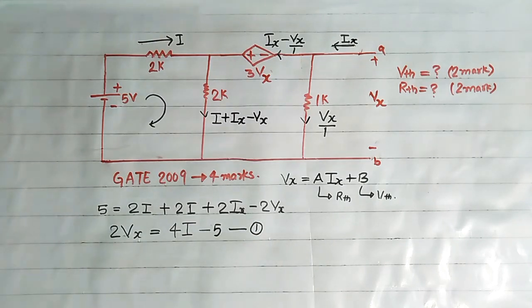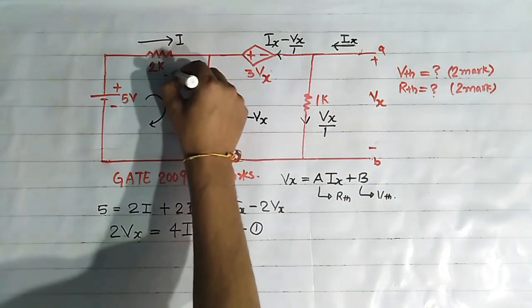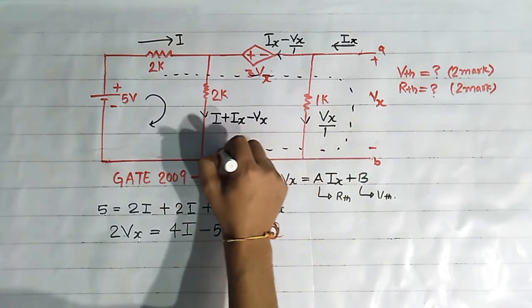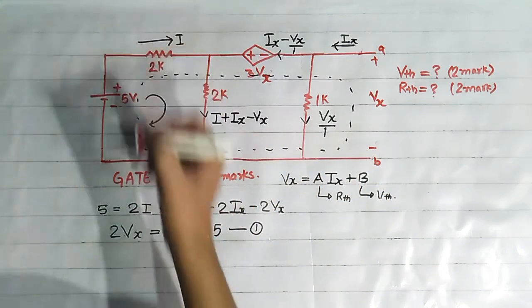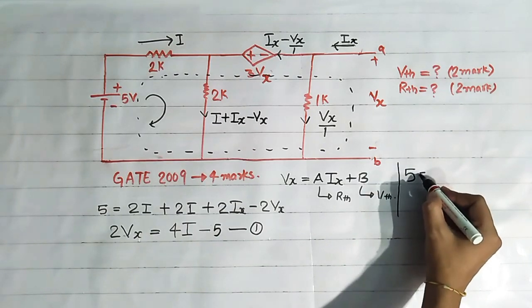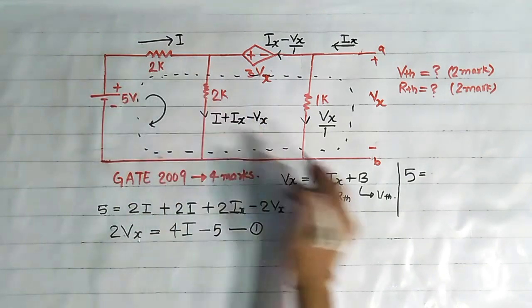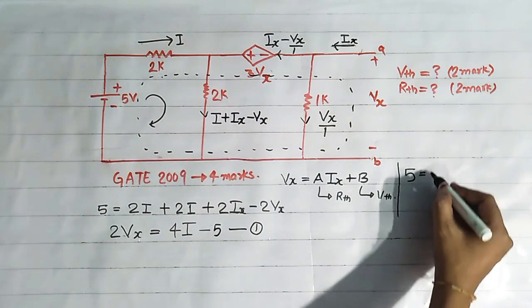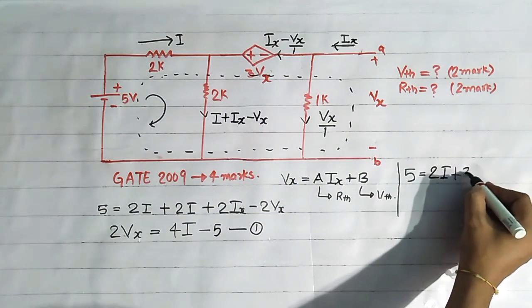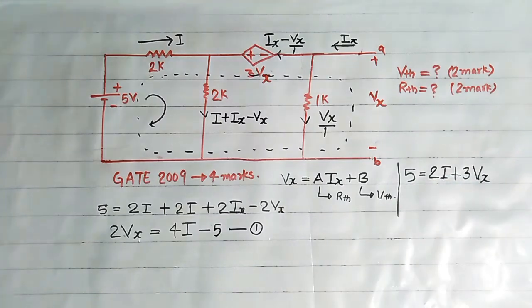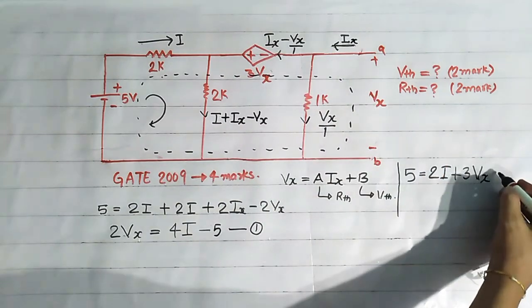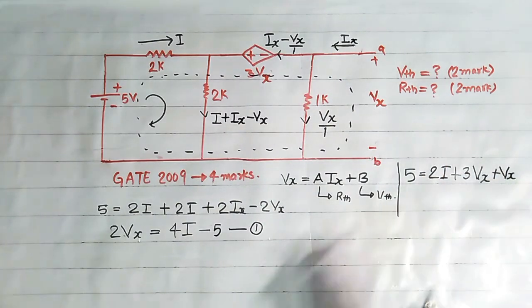Now we will apply KVL in this circuit. On applying KVL we get 5 is equal to 2I plus 3Vx plus Vx.